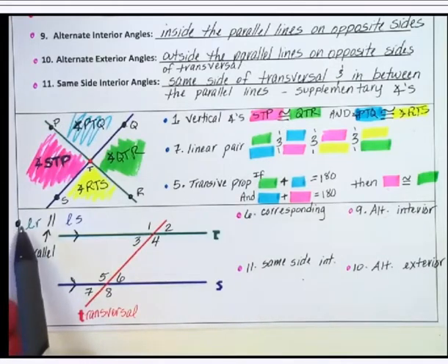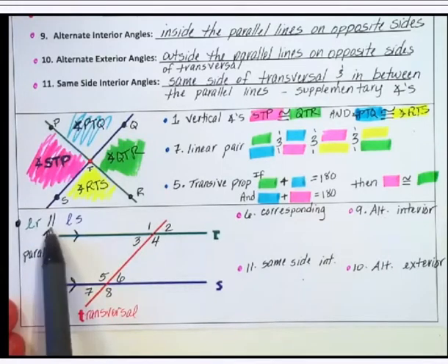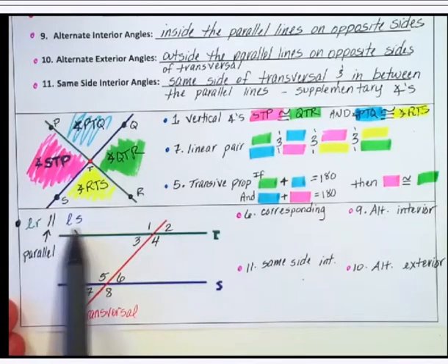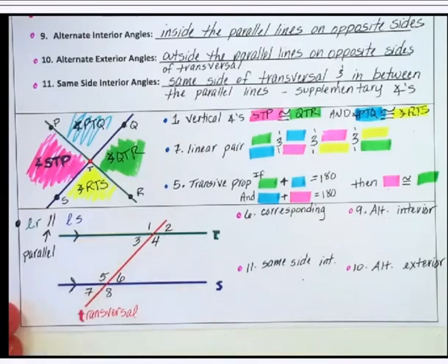The black dot is next to the word parallel. So I just wanted to write down here, this is how they will tell you line R is parallel to line S. And if you look at the image, they'll put these little arrows, and that's how you'll know by looking that they're parallel. Okay.